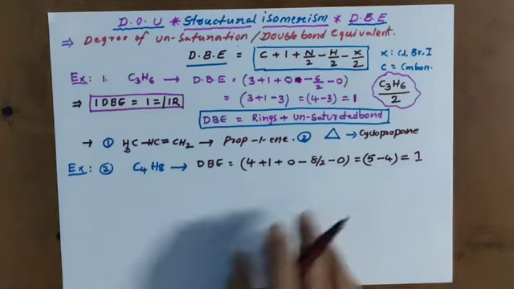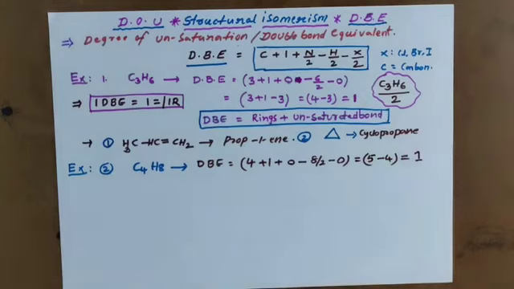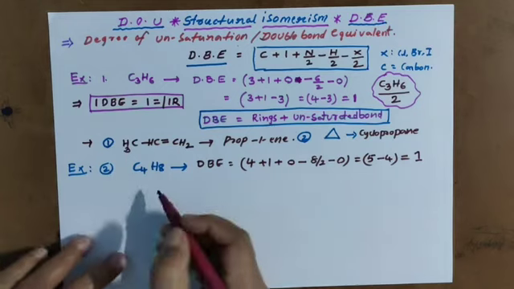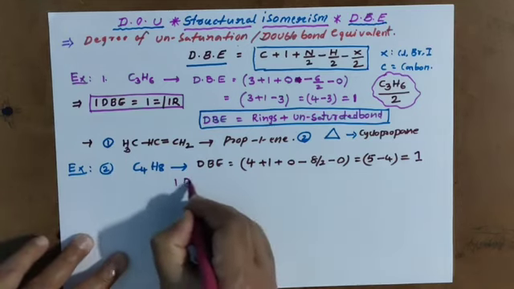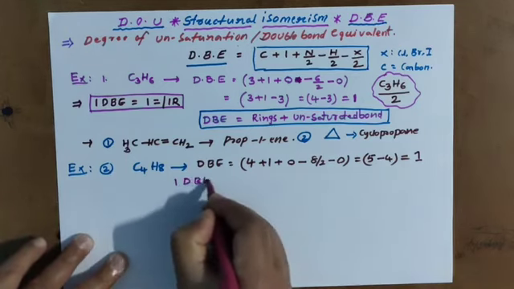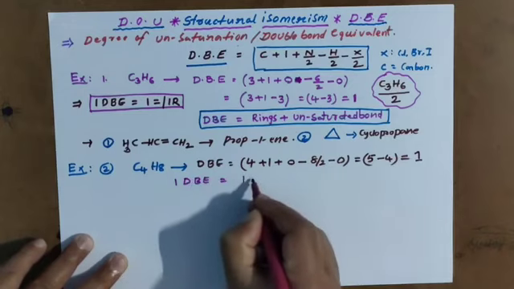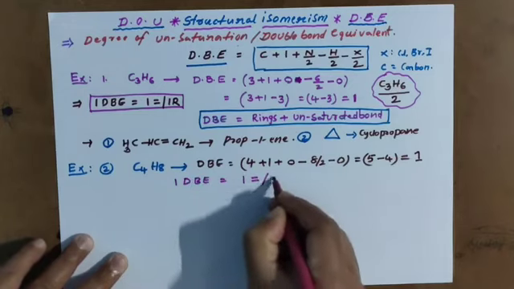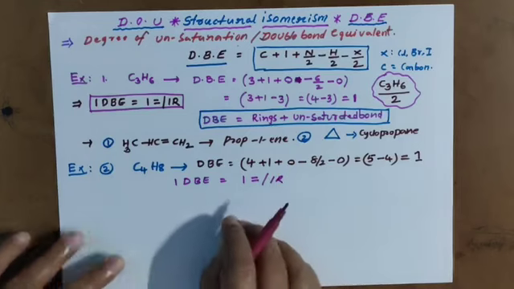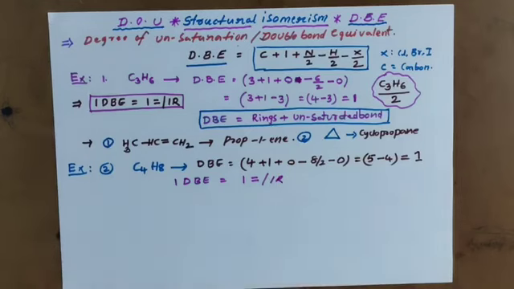So how much DBE value did you get? 1. 1 DBE means what I told? When you got 1 DBE, that is equal to 1 double bond or 1 ring is possible. Means 1 double bonded compound and 1 ring may be possible. Let me draw.